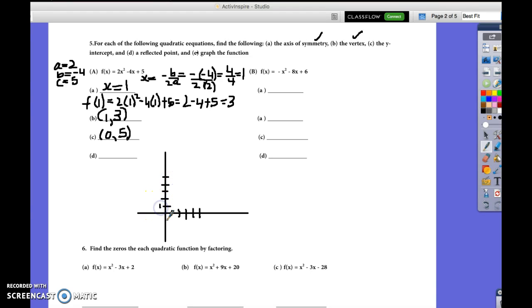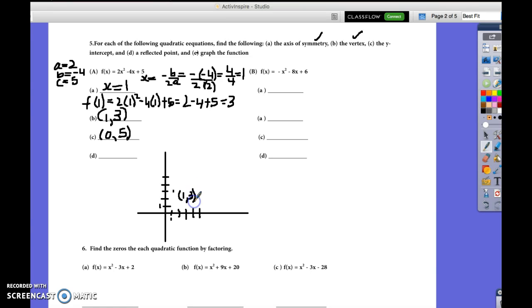This is 1. This is 1. So here comes the vertex, 1, 3. So 1, 1, 2, 3. The vertex should be right here. Okay, that's the vertex. I'll just put it in like this. 1, 3.